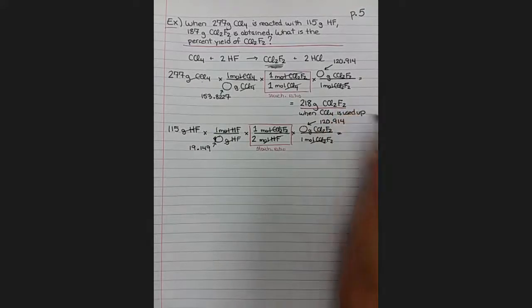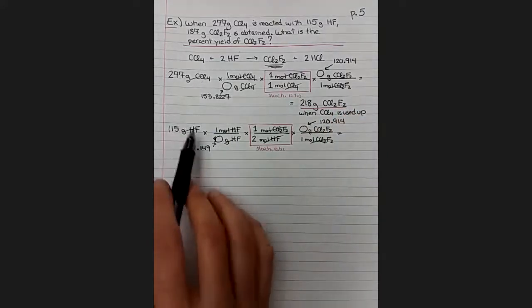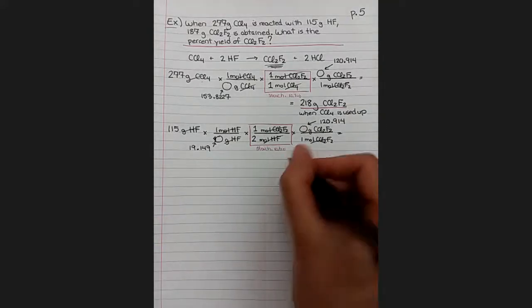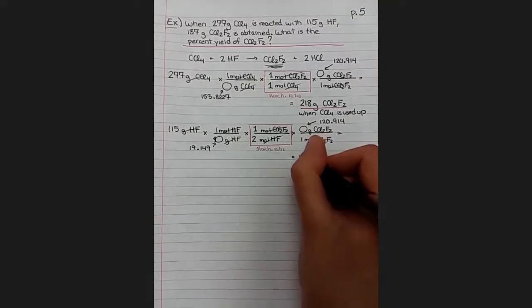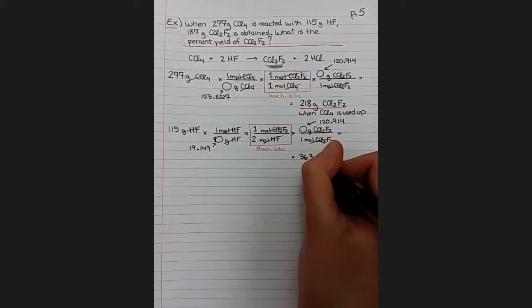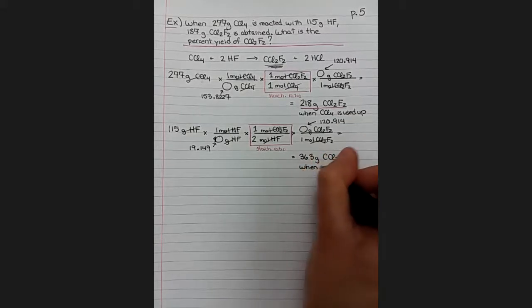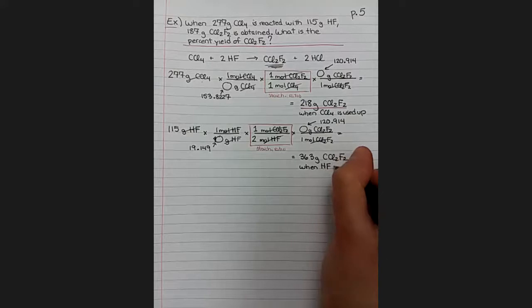And we did this one already up here. It was 120.914 grams per mole. Okay, so 115 over 20.0 over 2 times 120.9 gives us a yield of 363 grams of our product, if we were able to use up all of the HF.